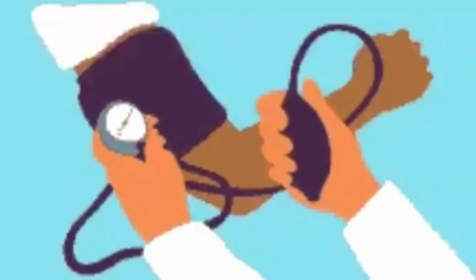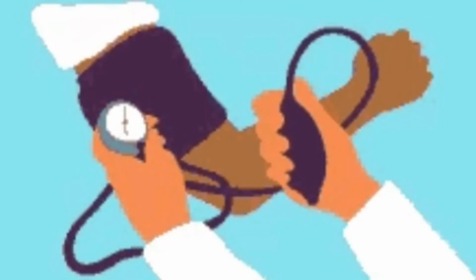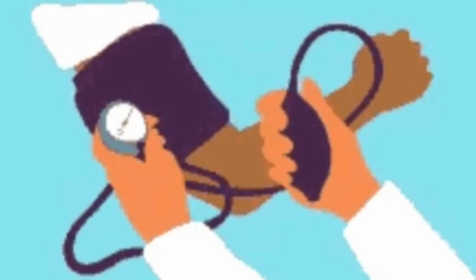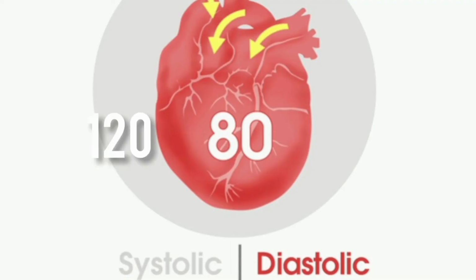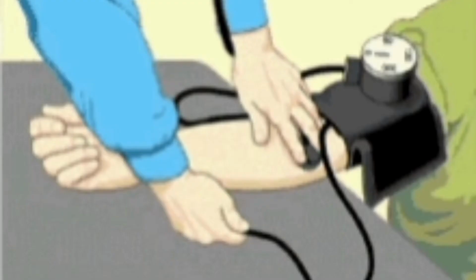The normal blood pressure of a human being is measured as 120 over 80 millimeters of mercury. The upper 120 is the systolic pressure and the lower value, 80 millimeters of mercury, is the diastolic pressure. The upper value is the pumping pressure and the lower value is the resting pressure of the heart.